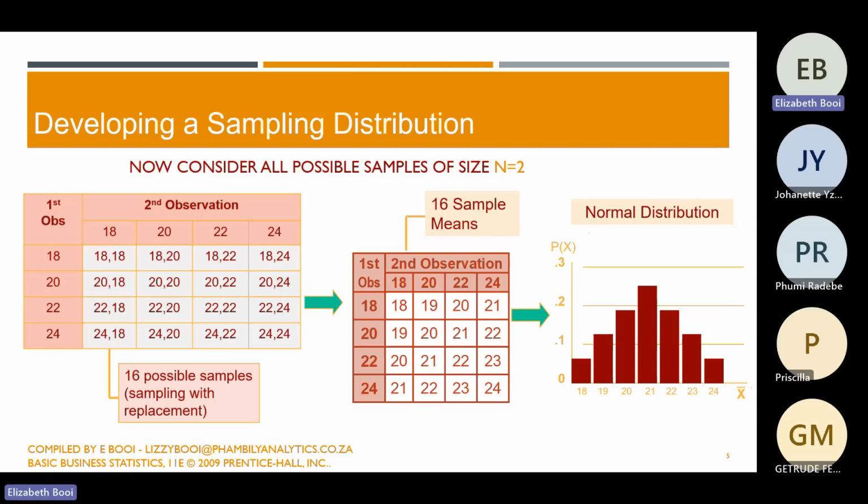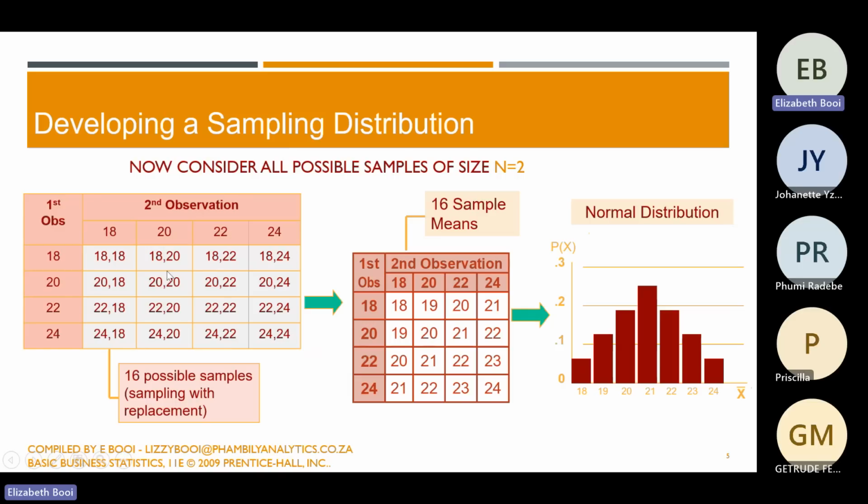So these are the possible sampling outcomes that we have if we do this with replacement. You will notice that you will have your first time that you sample and the second time that you sample, and you have the possible sample values that you will have. Then from those, we can calculate what we call the sample means.